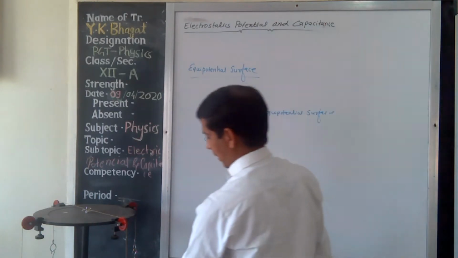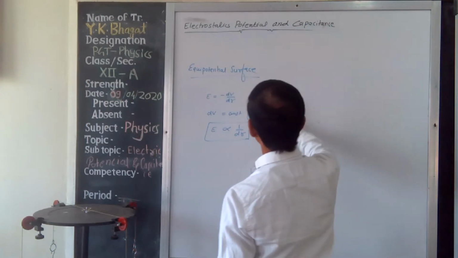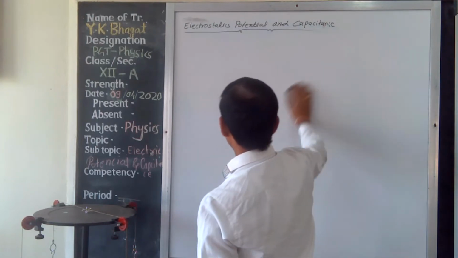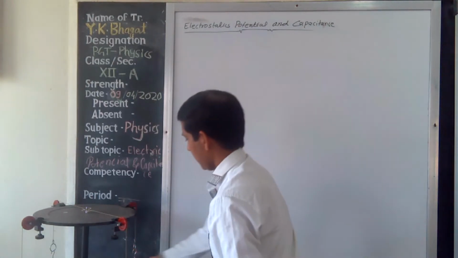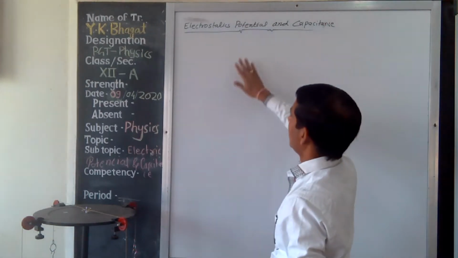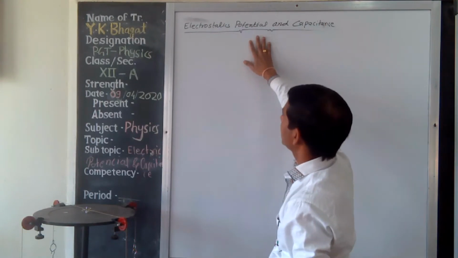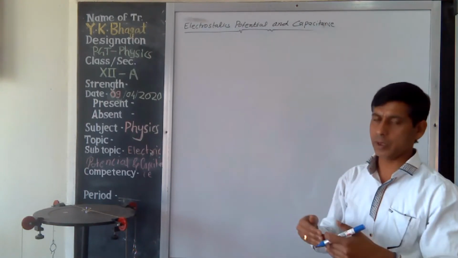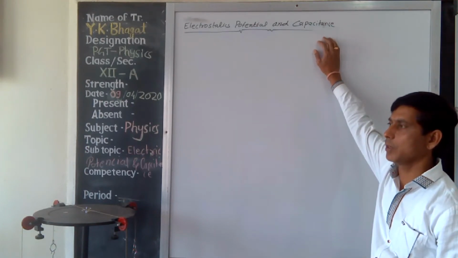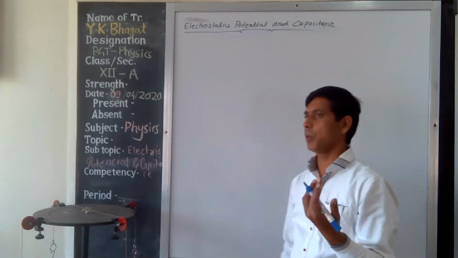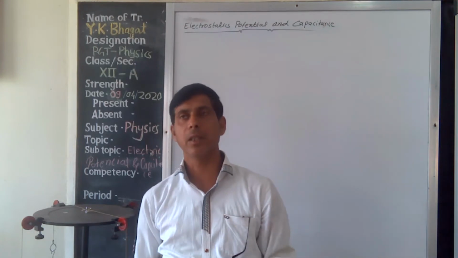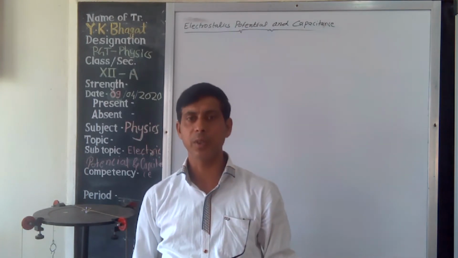Now we discuss the next important topic of this chapter. We discussed electric potential up to this time. Now we discuss capacitance. What is capacitance? What is capacity? And you know very well the word capacitor. In many electronic devices, capacitor is used.